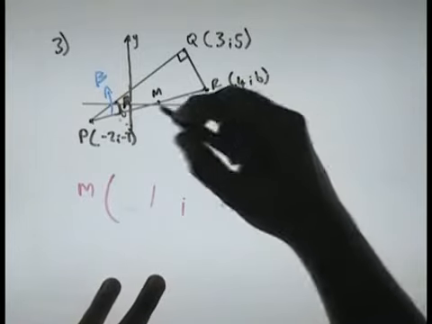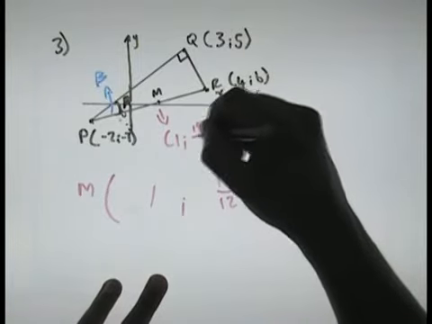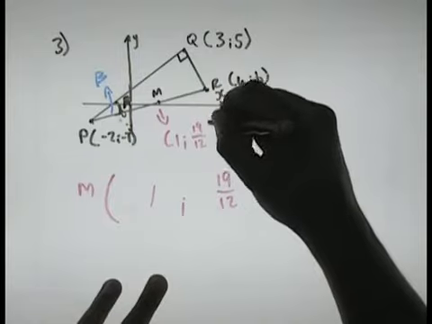That means that the coordinates of M are given by an x value of 1 and a y value of 19 over 12.